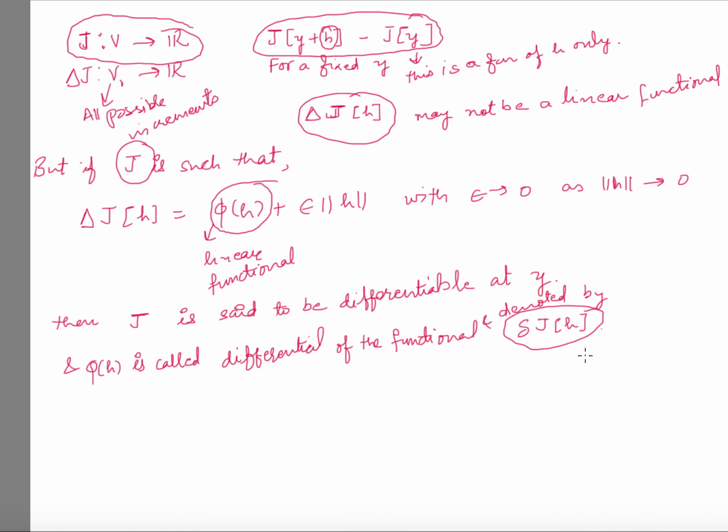So basically we got this thing: the variation of j equals del j of h plus epsilon norm of h, where epsilon goes to 0 as norm of h goes to 0, and this is a linear functional.